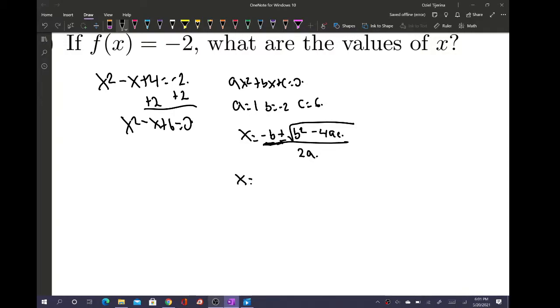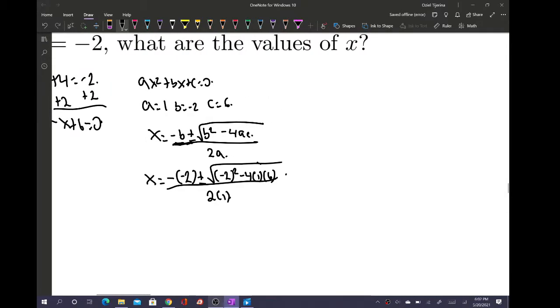So you have x equals, so we get negative of -2 because b value is -2, plus or minus the square root of -2 quantity squared minus 4 times 1 times 6 all over 2 times 1. Now we go ahead and simplify this.